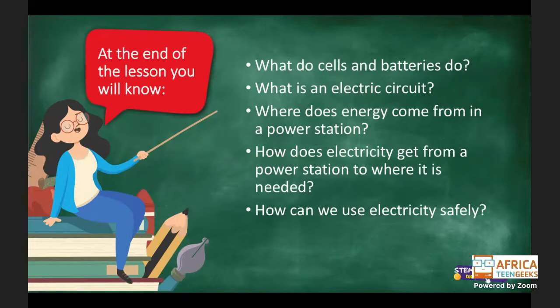We are also going to learn about where energy comes from in a power station, how electricity gets from a power station to where it is needed, and lastly, how we can use electricity safely.